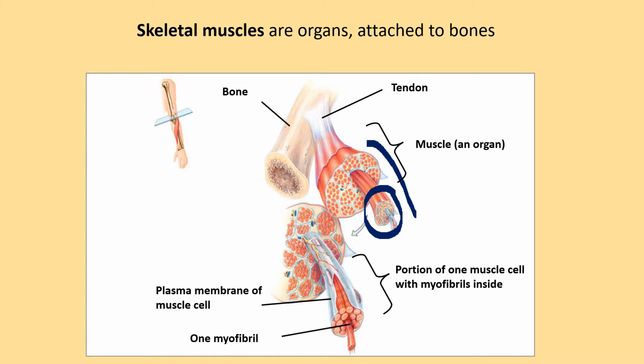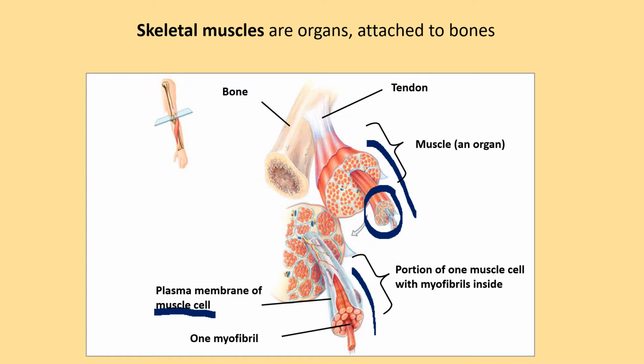And within that fascicle, we can pull out one muscle cell. So here we're looking at a portion of one muscle cell, and notice there's a plasma membrane, right? All cells are coated by a plasma membrane. And if we look inside this one muscle cell, the artist has represented them as pink. We see that this muscle cell is full of these pink cylinders, these rods.